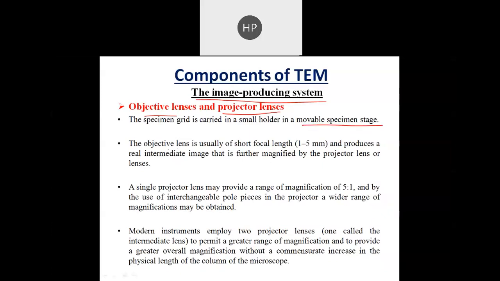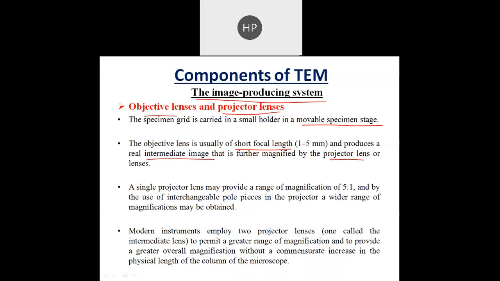The objective lens is usually of short focal length and produces a real intermediate image. What will it produce? It will produce a real intermediate image that is further magnified by the projector lens.